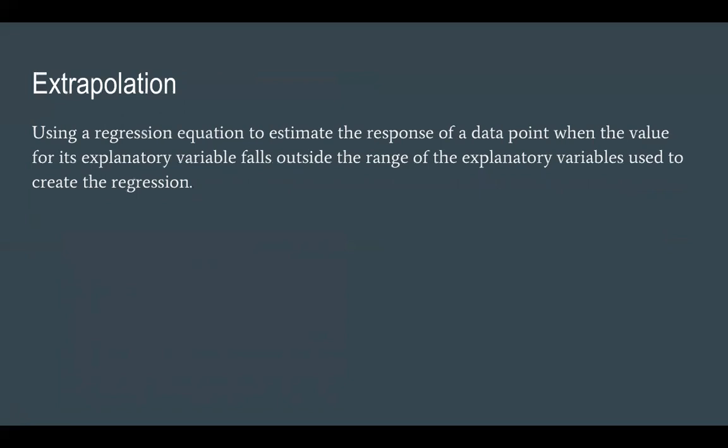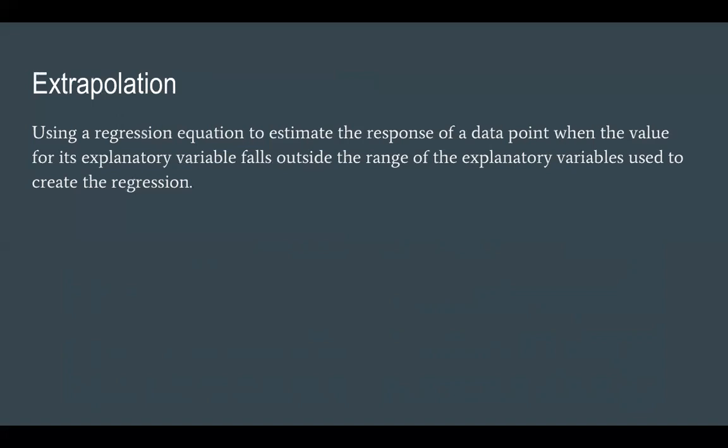So extrapolation is when you use a regression equation to estimate the response of a data point when the value for its explanatory variable falls outside the range of the explanatory variables used to create the regression. That's kind of a mouthful, but it's really saying when you're using data from a certain category to try to solve for another value that is not within that same category.